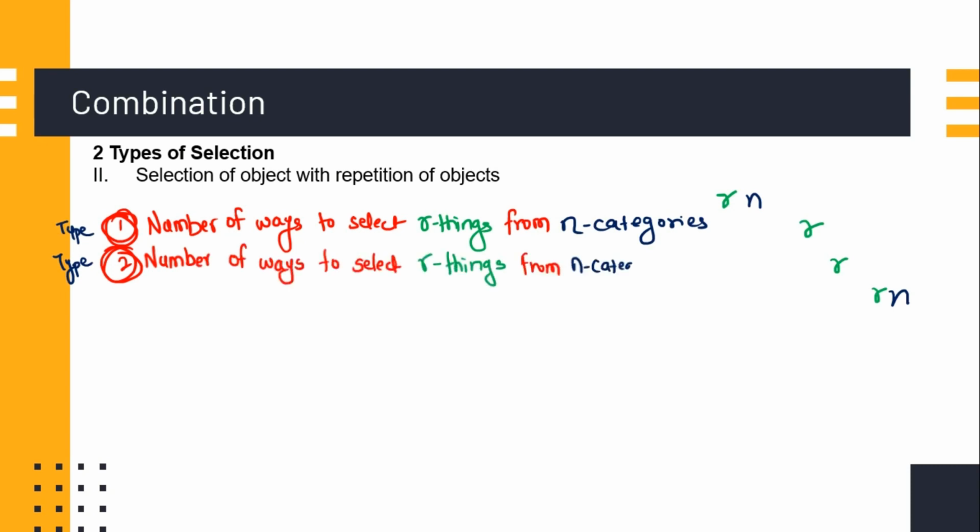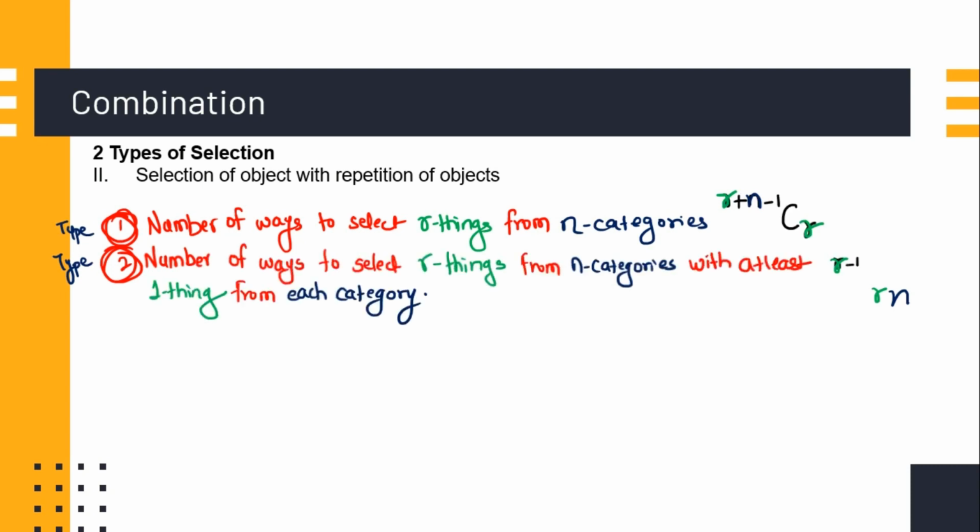When we just have to select R things from N categories, we will use this formula: R plus N minus 1 C R. Now just remember, if something is further added, that R things you have to select from N categories with at least one thing from each category, then in that case we use this formula, that is R minus 1 C R minus N.